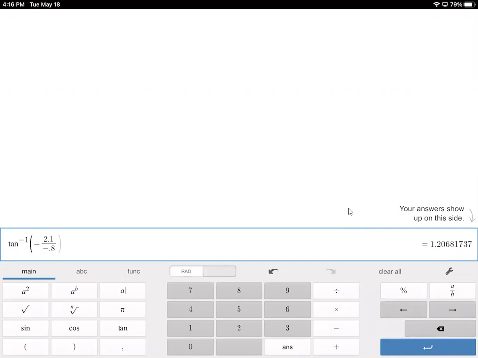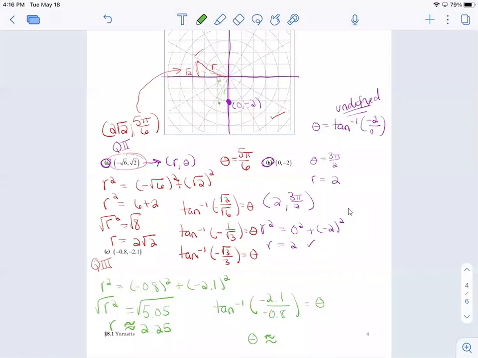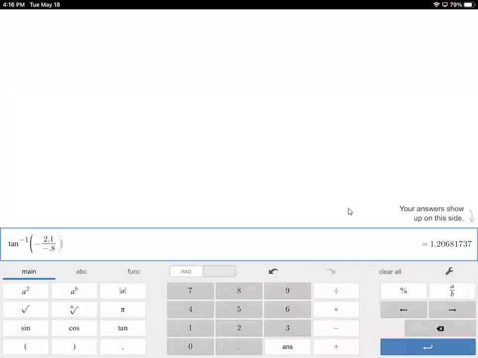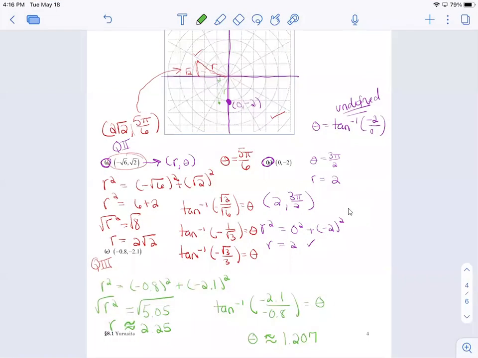I get 1.2068. Let's make sure that's right. 1.207, yeah. Now your calculator is programmed to have those restrictions that we talked about with these inverse functions.